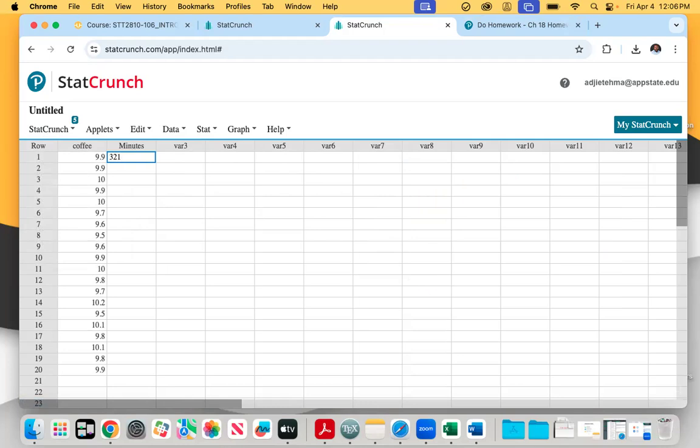So 321, 295. So I have been able to input the data in StatCrunch in a different column.